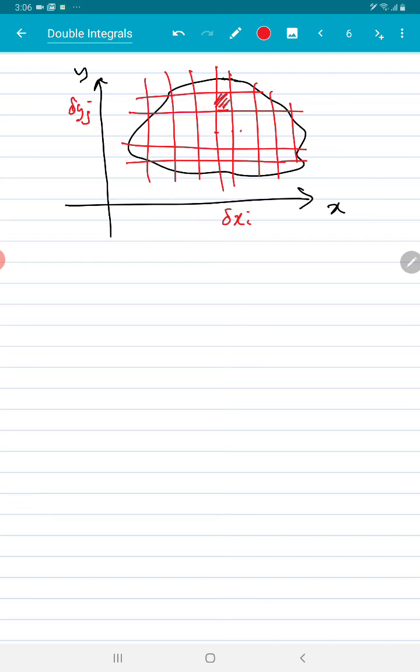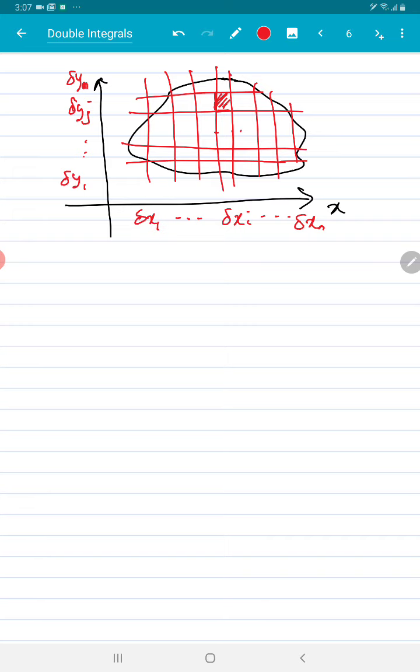So the width here is delta xi and the length here is delta yj. Here is delta x1 up till delta xn, and here we have delta y1 up till delta yj, which we'll change to delta ym.